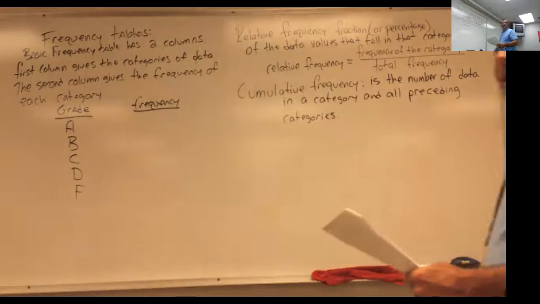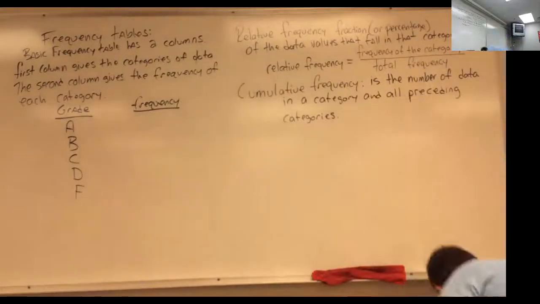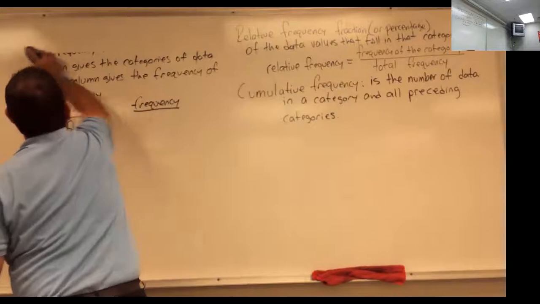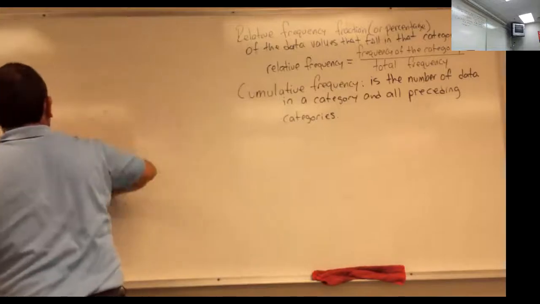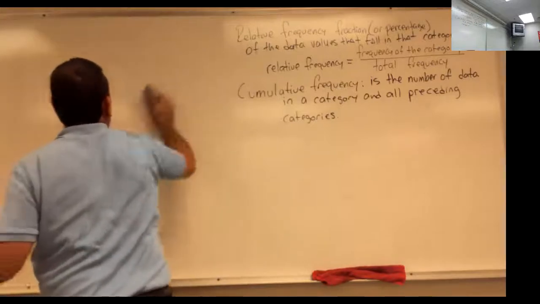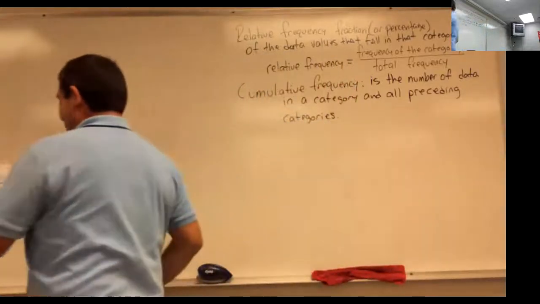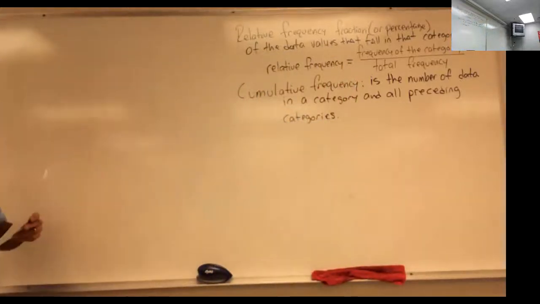So, let me write a data table up here, and we're actually going to work this, all right? So here's your data. I got 20 scores up here.